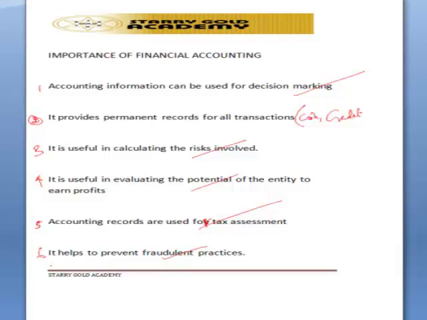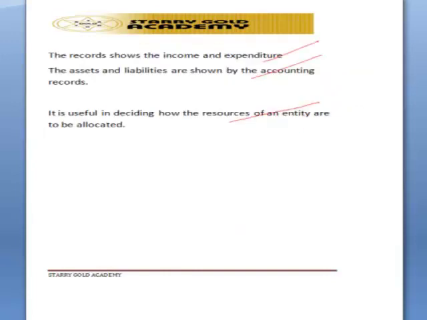And 6, it helps to prevent fraudulent practices. And number 7 is that the record shows the income and expenditure. Number 8, the assets and liabilities are shown by the accounting records. Then 9, it is useful in deciding how the resources of an entity are to be allocated.